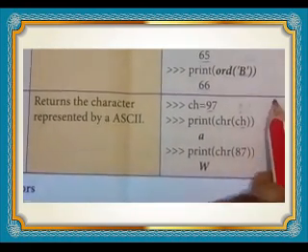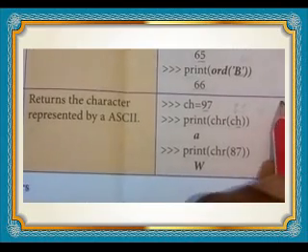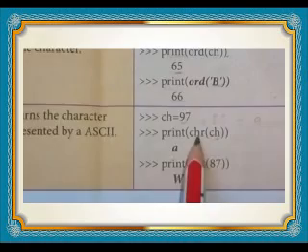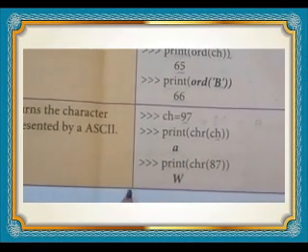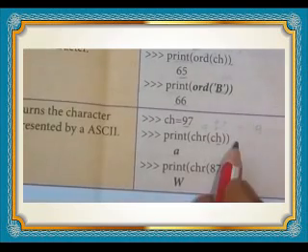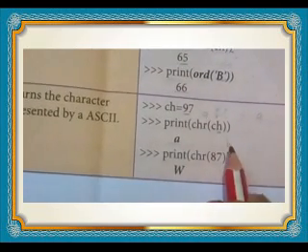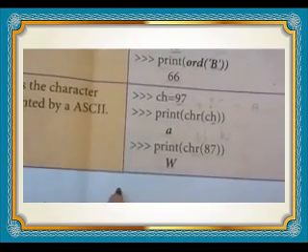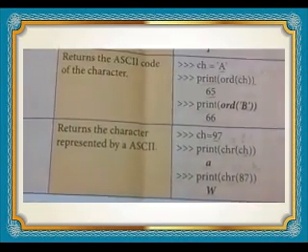The corresponding character for 97 is a. So it returns a, and that a will be printed on the monitor. Understand? Next, print chr(87). The character for 87 is W. So chr returns W, and it prints the W on the monitor. Okay.